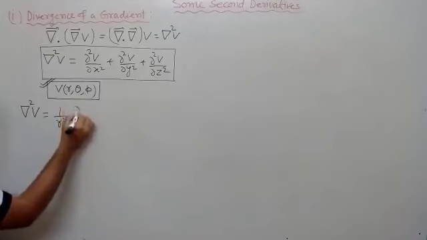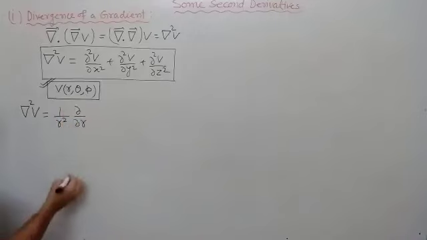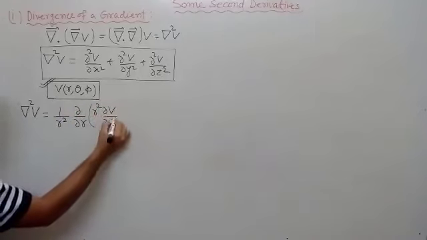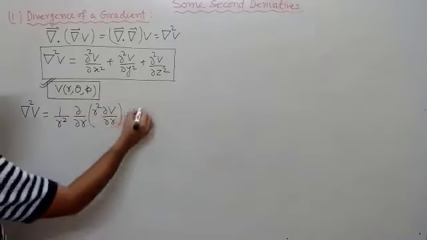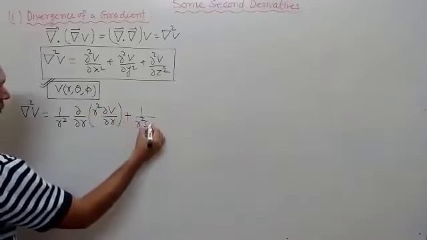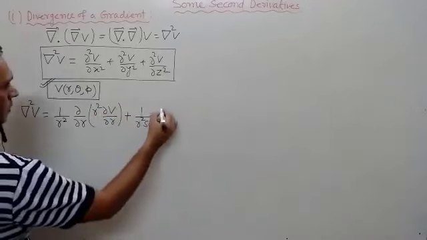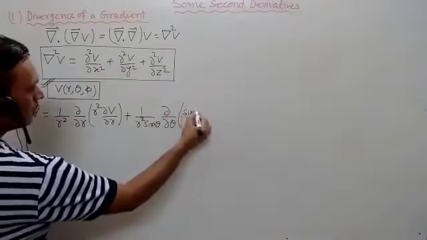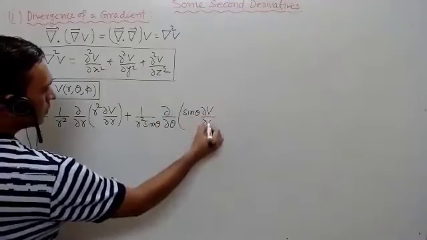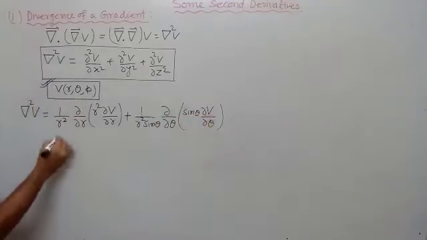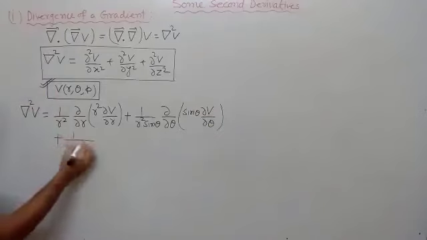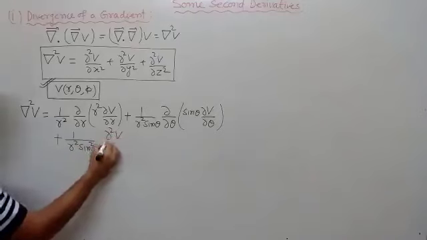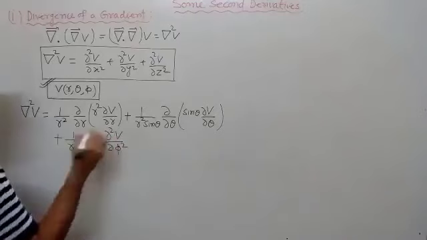This is 1 by r square del by del r of r square del V by del r, plus 1 by r square sine theta, plus 1 by r square sine square theta del 2V by del phi 2.